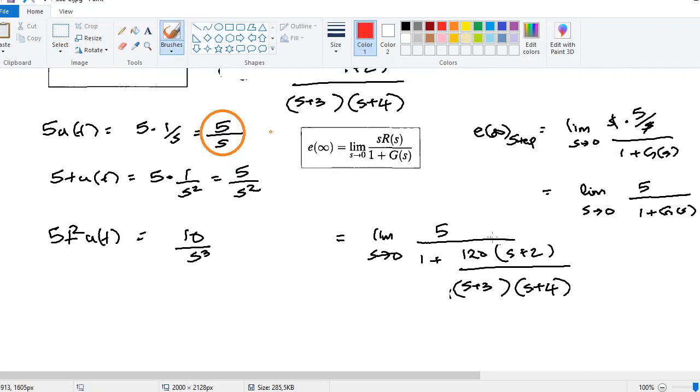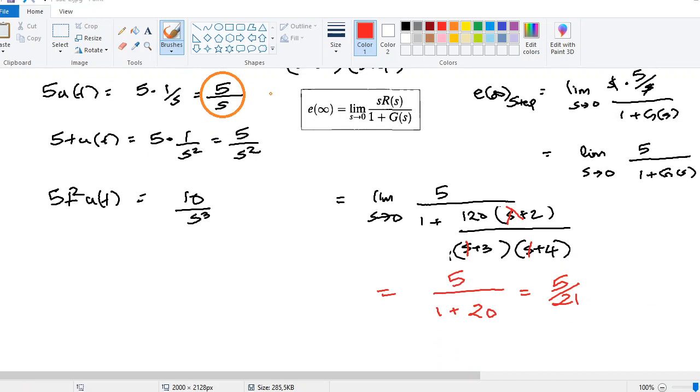The s here goes away, this one goes away, and this one goes away. So it becomes 5 divided by 1 plus, if you do the maths here, you will see that it's 120 multiplied by 2 divided by 12, which is 20. So you get it as 5 by 21. That is the error due to the step input.